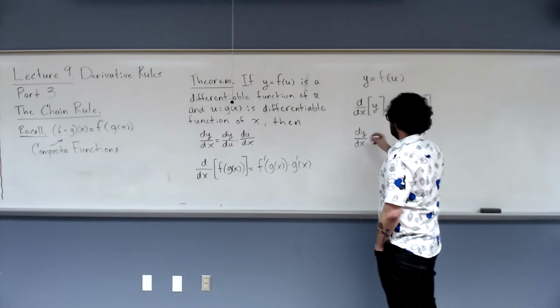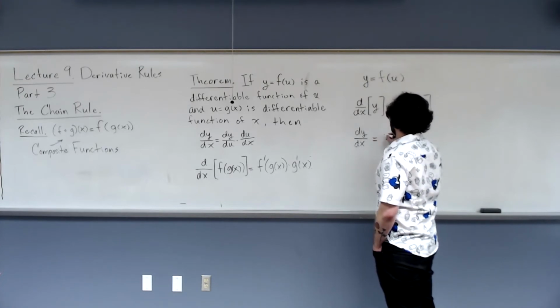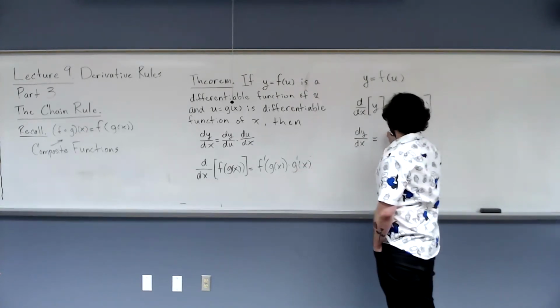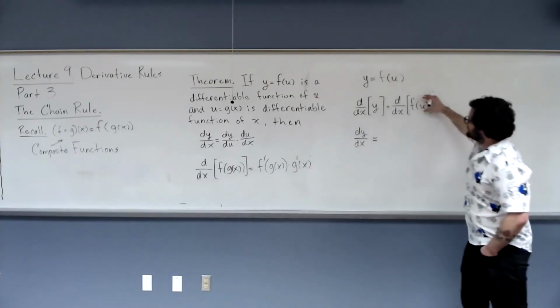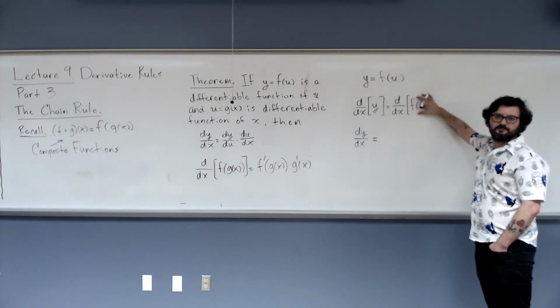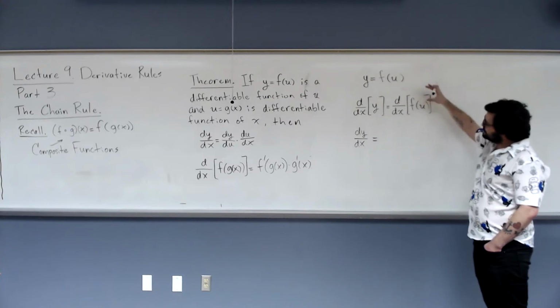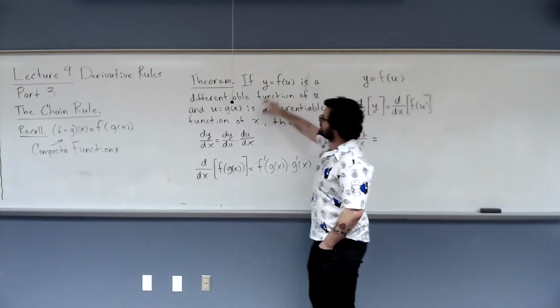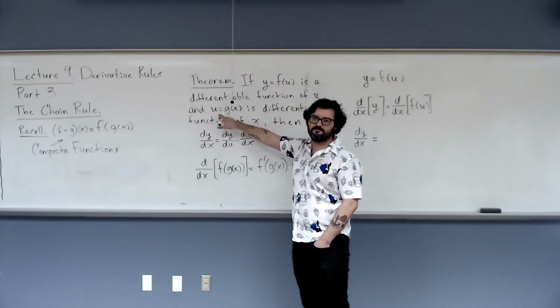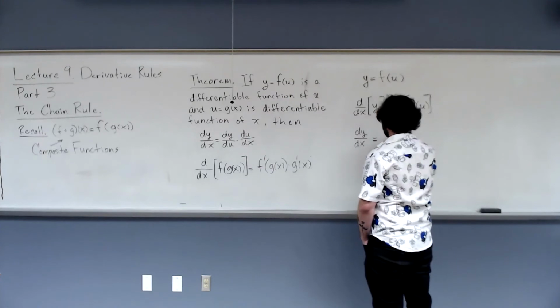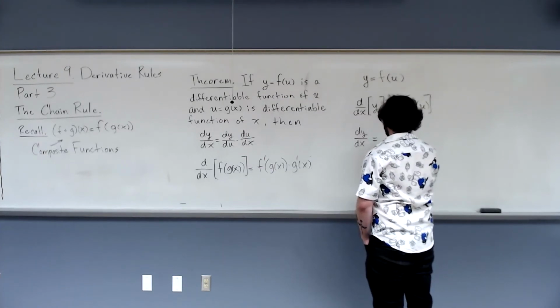So actually I'll write out something. I'm going to mix up the notation now to talk about this one a little bit. So this is y in there. We're going to take the derivative of that function, and we're assuming that that function is differentiable with respect to u. So that's where this dy du comes from.